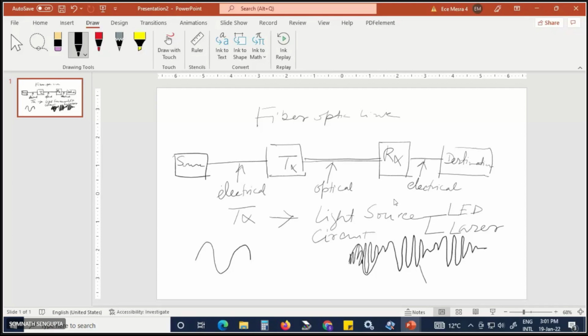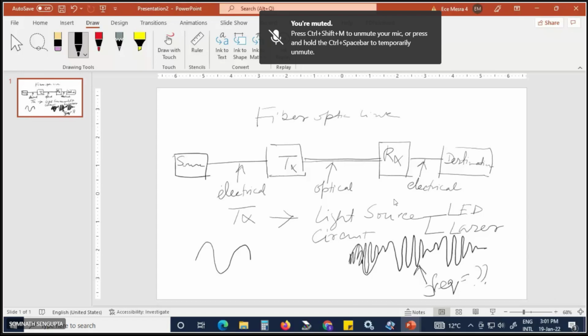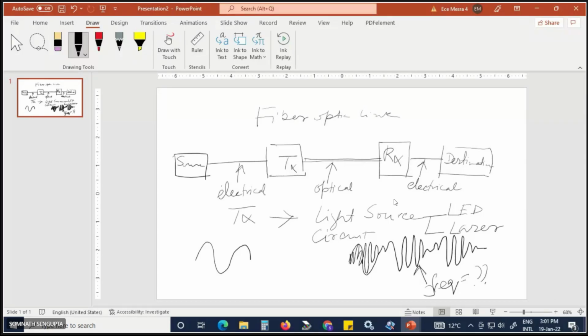But this frequency is what? Can you guess what this frequency is? Sir, the frequency of the electrical signal, the message signal.